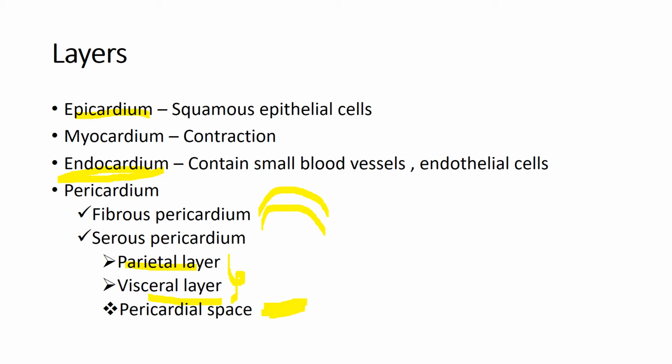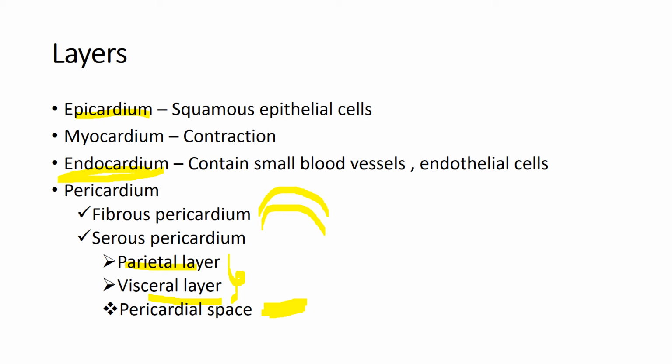Pericardial space, आप लोगों को पता होगा that it has some fluid. Between the parietal layer and visceral layer there is one space that is called the pericardial space, and in this space there is pericardial fluid, and this fluid helps in smooth functioning of the heart.